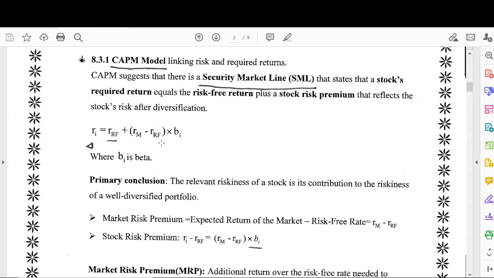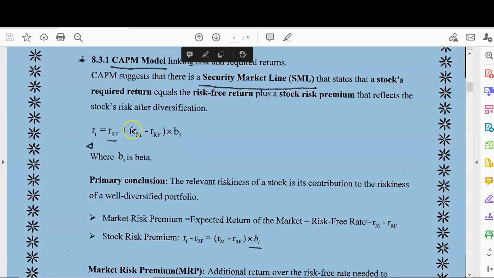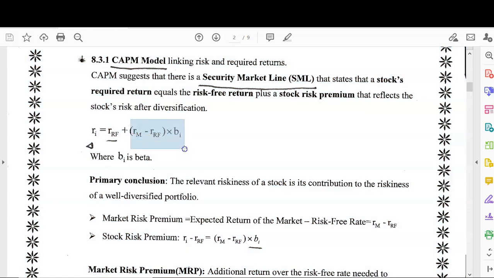If we have enough stocks in the portfolio. Right, and we use beta, a key new concept here. We use beta to measure how much this stock is contributing to the market risk. Okay, so the stock risk premium becomes the market risk premium multiplied by beta.